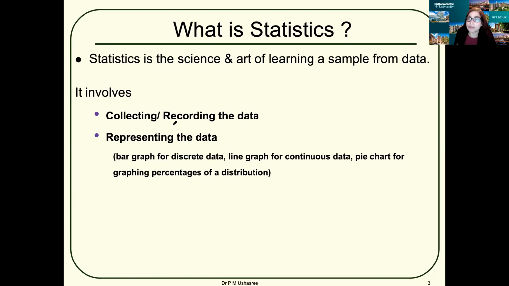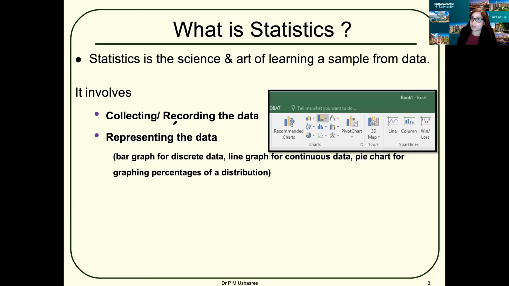You would have already done this using Excel, using simple tools like pie chart, scatter diagram, or line graph to draw your graphs, isn't it?